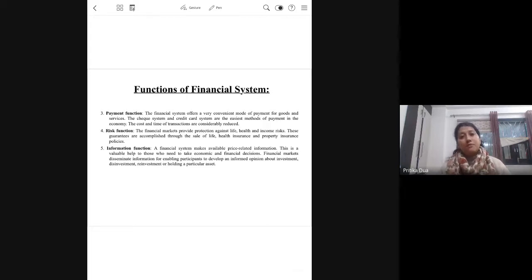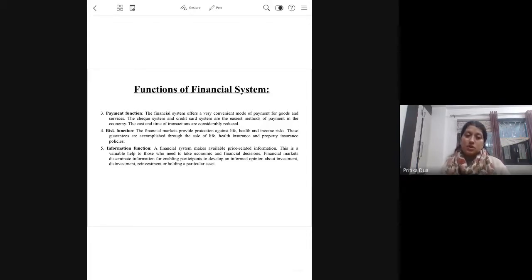So, after demonetization, more emphasis has been put on the payment function for a formal financial system because credit provision, payment through basically non-cash payment, that has been promoted through the financial system, and that is again one of the main functions of any financial system to provide convenient mode of payment for purchases being made.